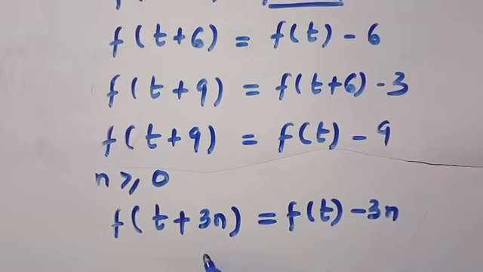So this is the general formula for this pattern. But how can we now get f of x that we are required to find? Let's solve this in a general form.